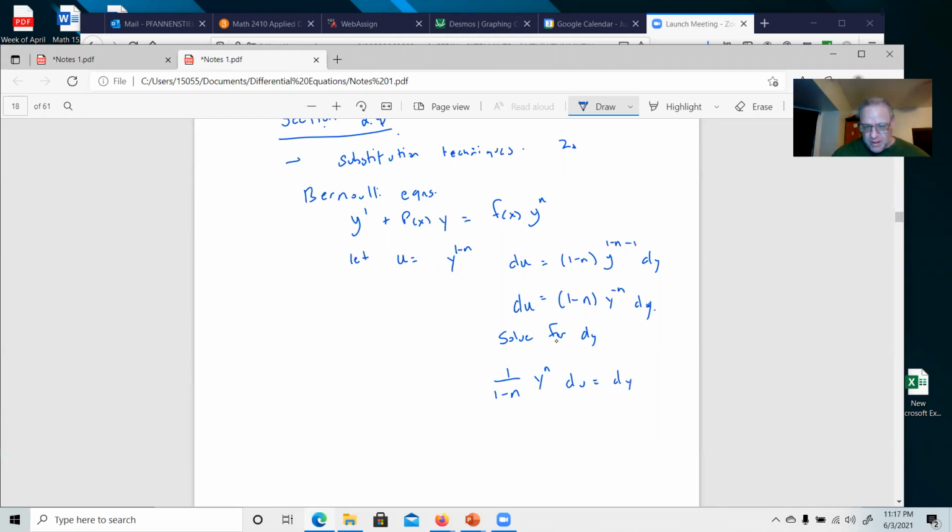I'm going to make a couple of little notes here. We're going to use this to substitute it back in here. So y prime is equal to this piece here. We have 1 over 1 minus n, y to the n, du.